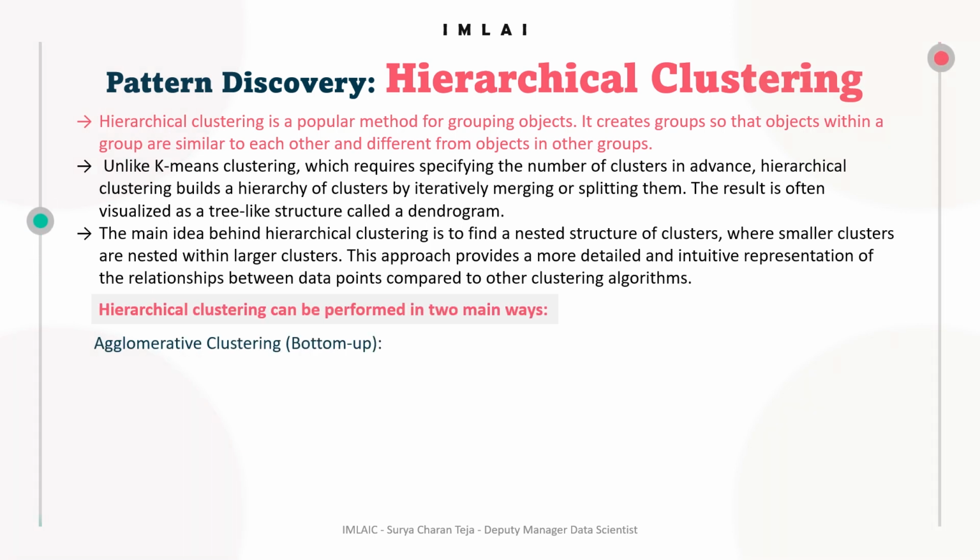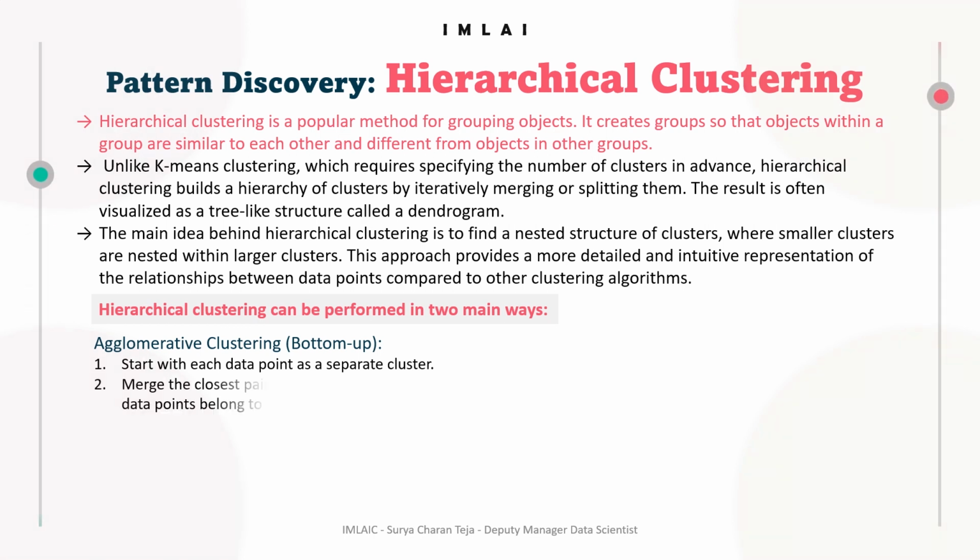One is agglomerative clustering, also called bottom-up. Agglomerative clustering starts with each data point as a separate cluster and merges the closest pairs of clusters iteratively until all data points belong to a single cluster.